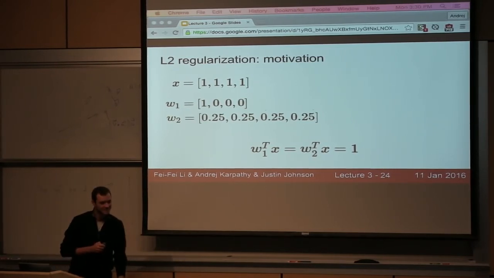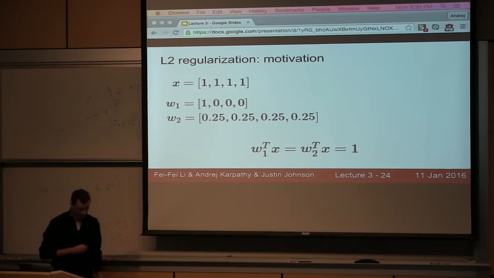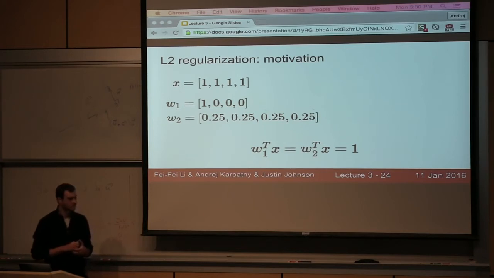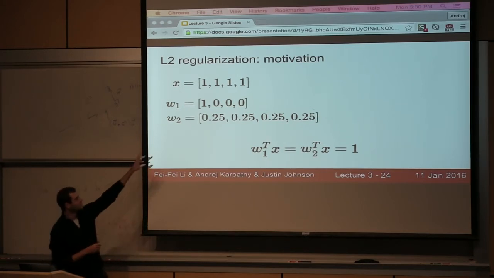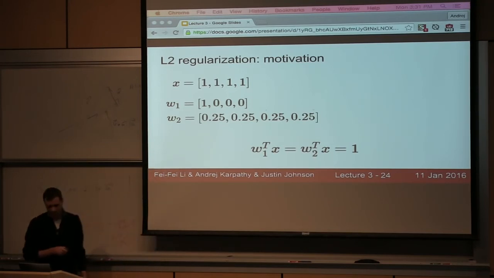Couldn't you say that epsilon, 0, 0, 0, with epsilon being a really small number, would do the exact same thing as W1, but would also have much smaller regularization? So you want to consider a different W that looks slightly different from these two? I'm just saying, the previous question was, isn't it good that we're ignoring some values?